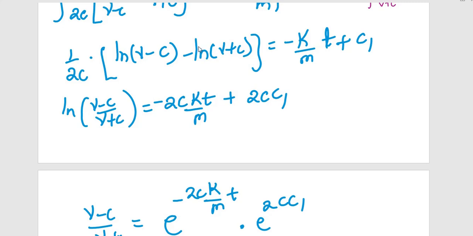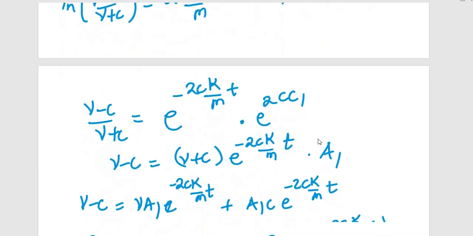If I'm subtracting, then I can divide the powers, meaning that the natural logarithm of v minus c divided by v plus c is equal to negative 2c kt out of m plus 2c c1, because this will cross multiply this way.